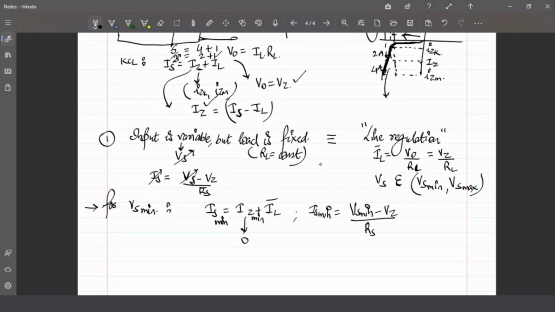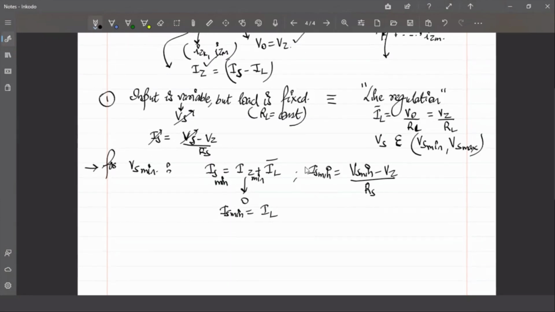So in that particular case, Is minimum will become equal to IL itself. What will your circuit become here?